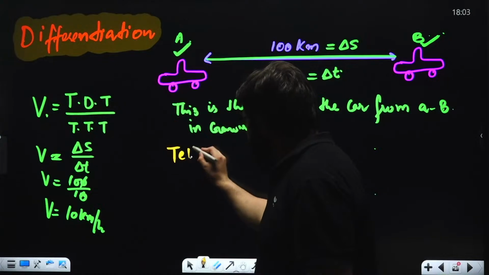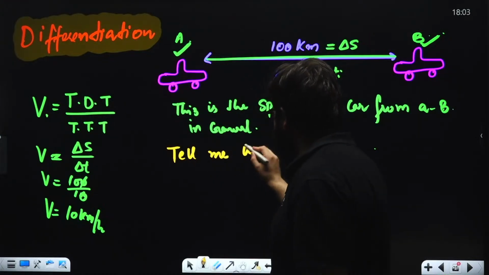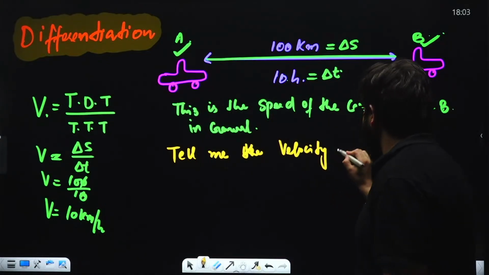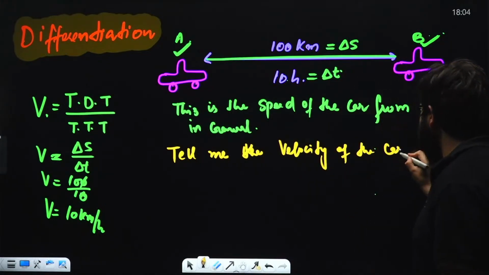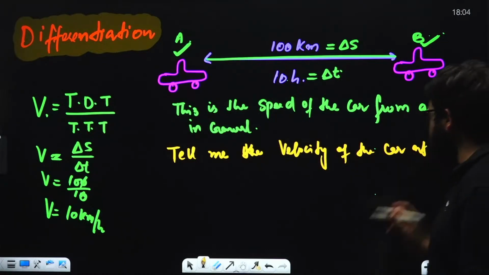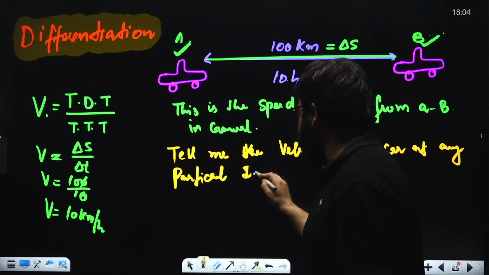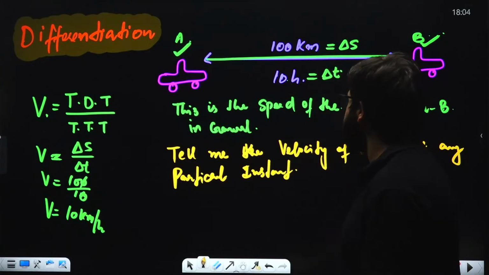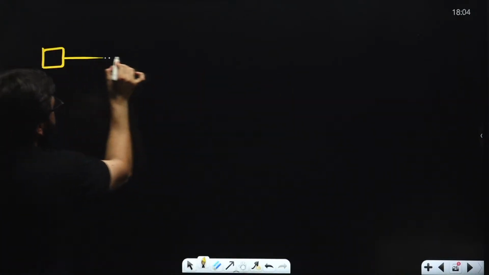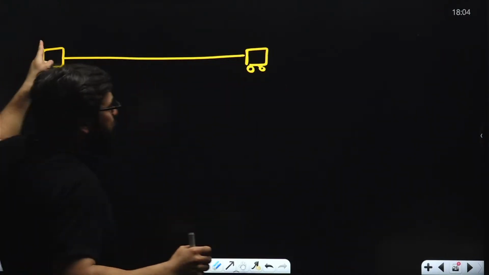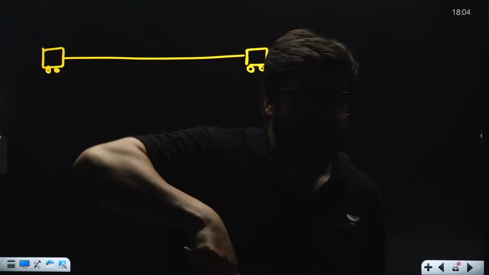Tell me the velocity of the car at any particular instant. If the car started from this point and reached this particular point, you are saying that from A to B the velocity in general is 10 kilometer per hour.